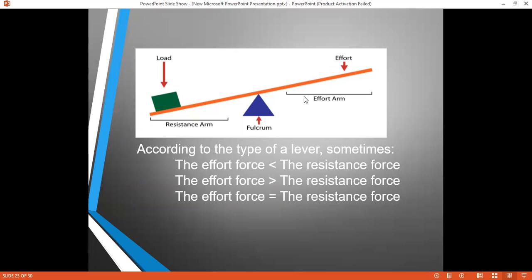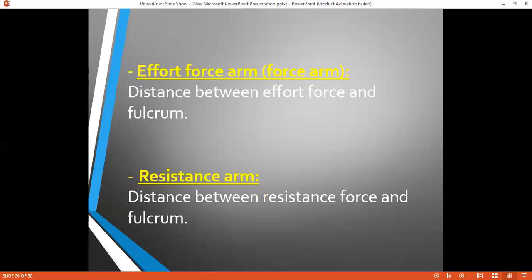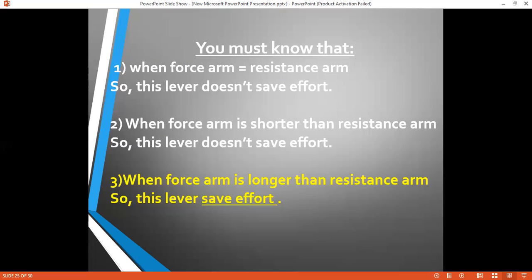I will put a small force or a small effort, and it will be less than the resistance force, so it saves effort. So when I ask you, force arm is longer than resistance arm, does this type of lever save effort or not? Yes, it saves effort for sure.